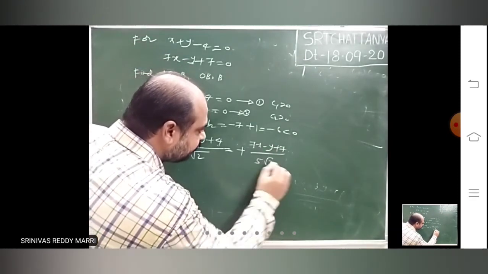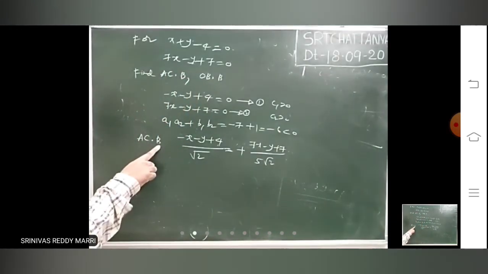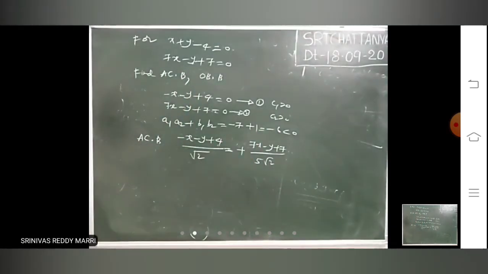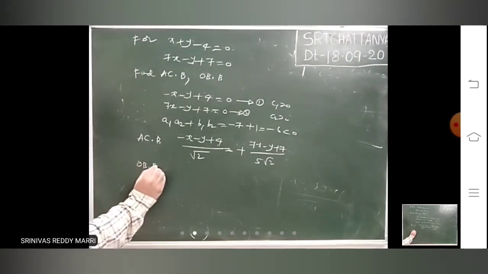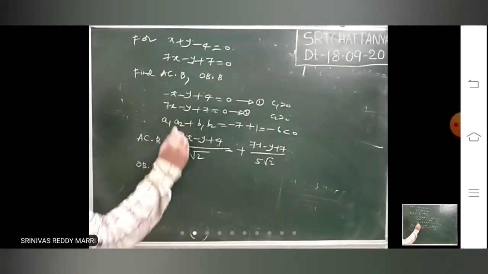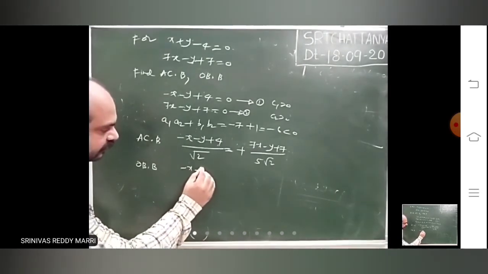Root 50 means 5 root 2. This is acute angle bisector. Simplify this, you will get one line. That is acute angle bisector. Obtuse angle bisector means write the same formula.